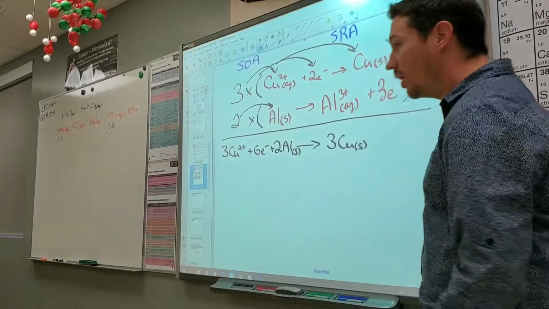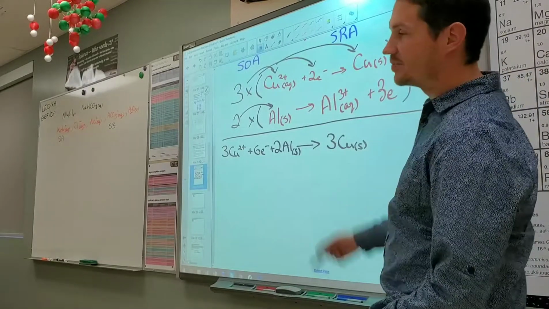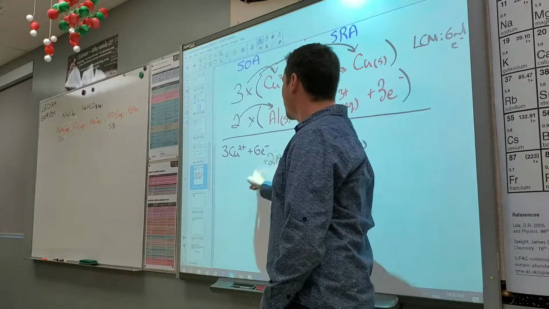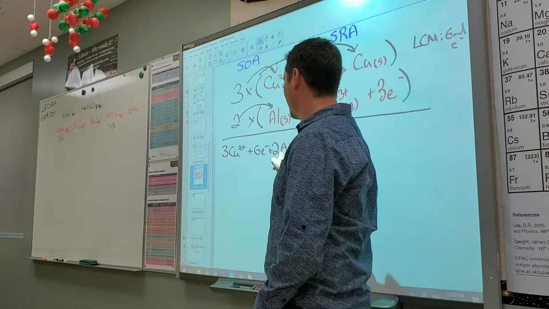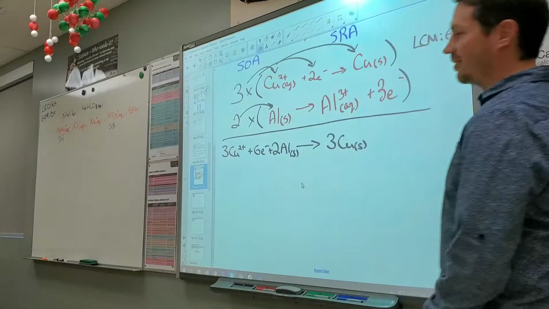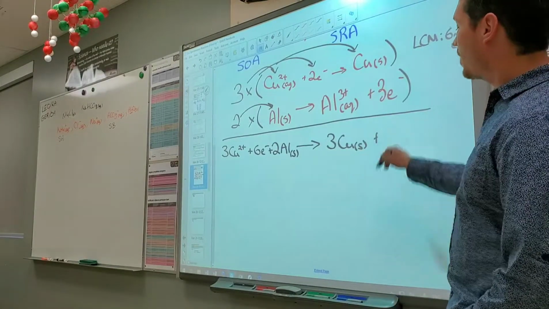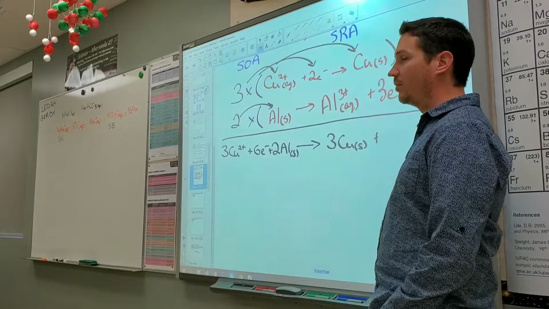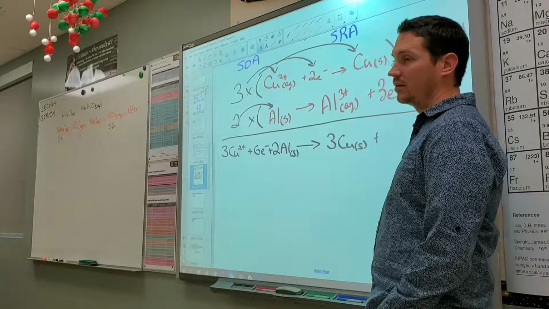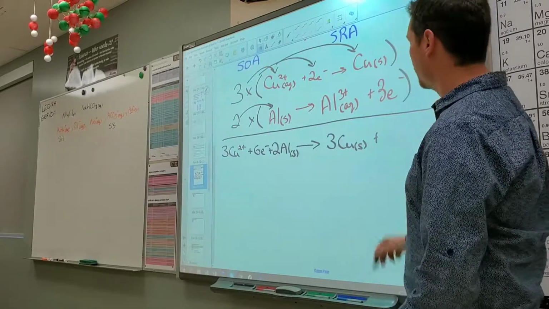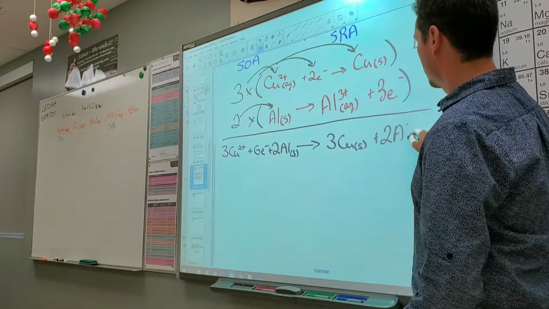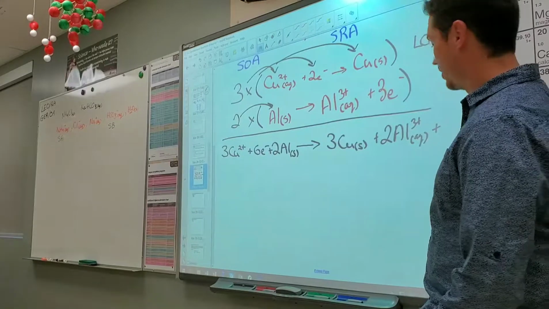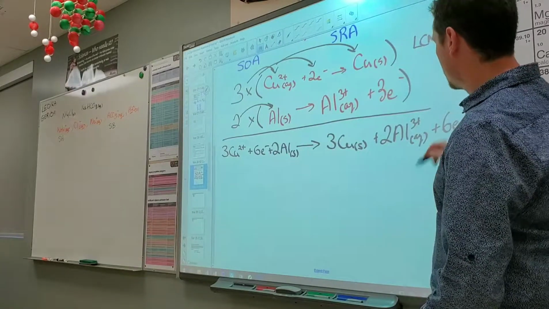Okay, what else do we have in the products? How many? 2 aluminum 3+ ions. And how many electrons? 6 electrons.